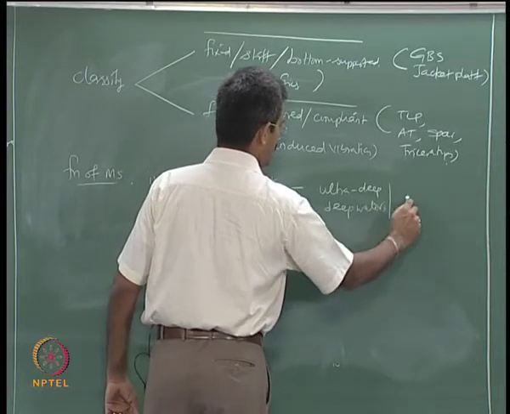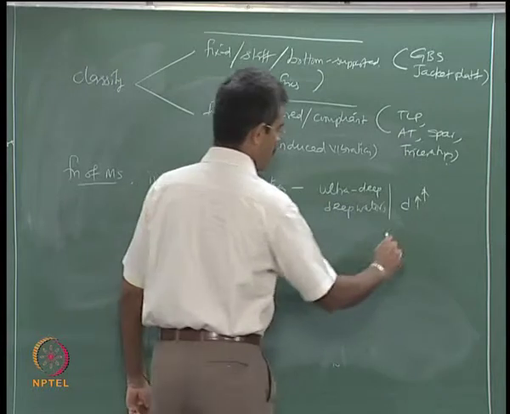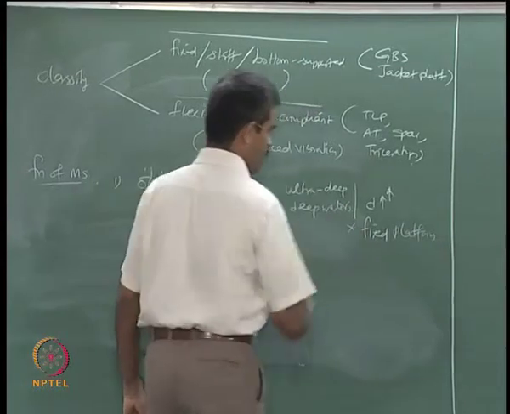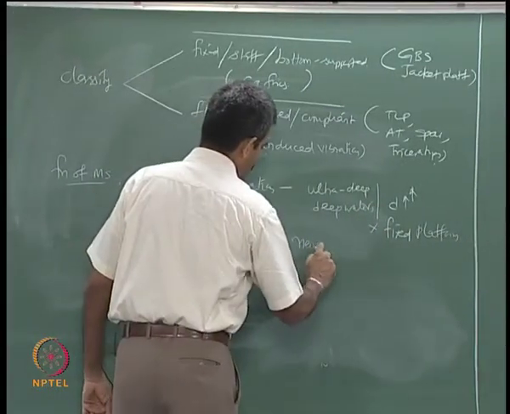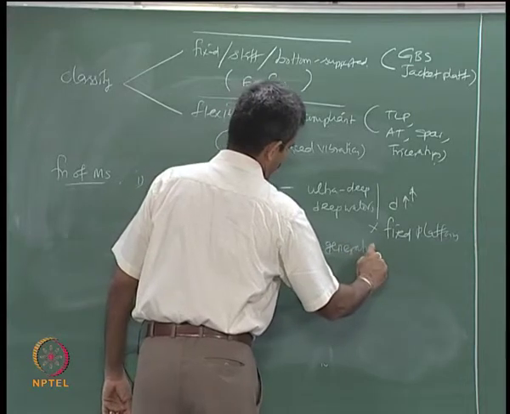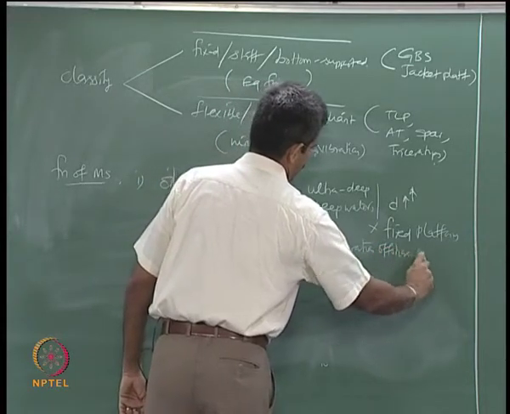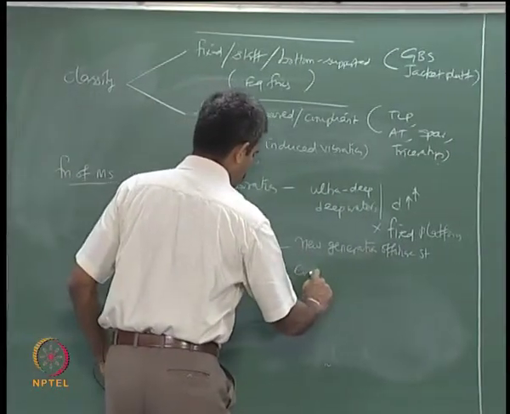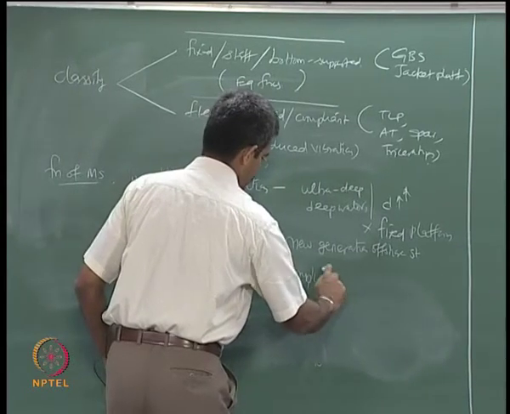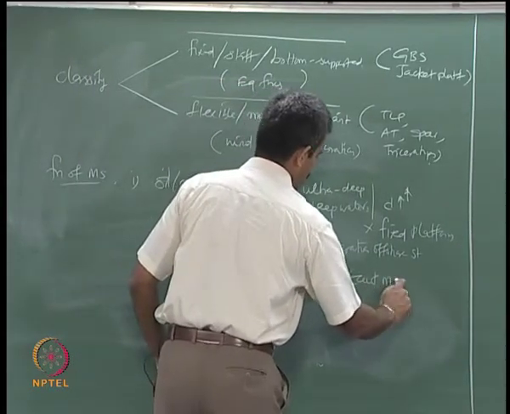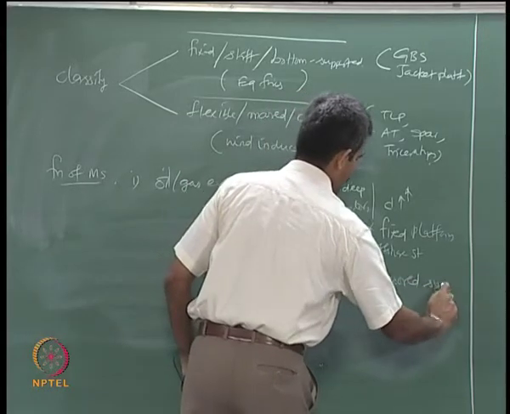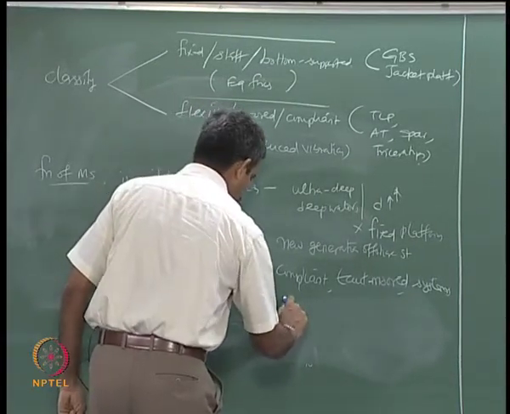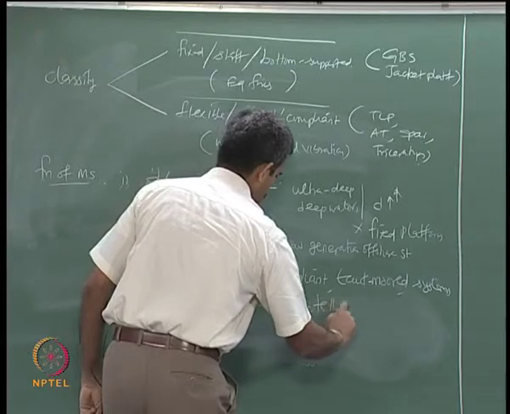The moment the water depth increases, I cannot afford to go for fixed platforms because they are completely obsolete. People go for what we call new generation offshore structures. Essentially, these new generation offshore structures are compliant and they are generally taut moored systems. It means they are supported by tension in tethers.